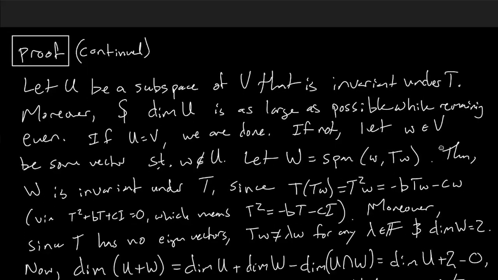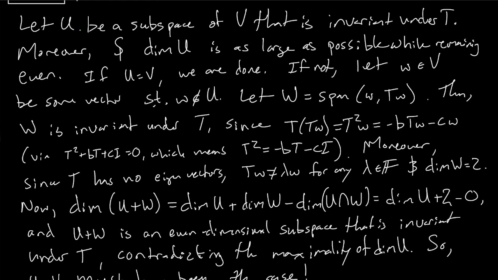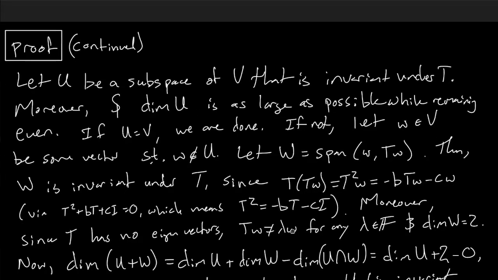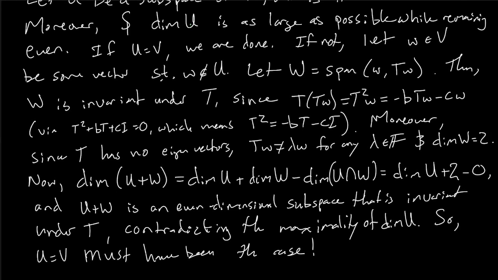So we said, hey, let's take U to be a subspace of V that's invariant under T. Moreover, let's suppose that its dimension is as large as possible while still being even. Now, if U is equal to V, we're done. If not, what we showed is that we can get an even higher dimensional subspace that is invariant under T, which contradicts the idea that we chose U to have a dimension as large as possible while remaining even.